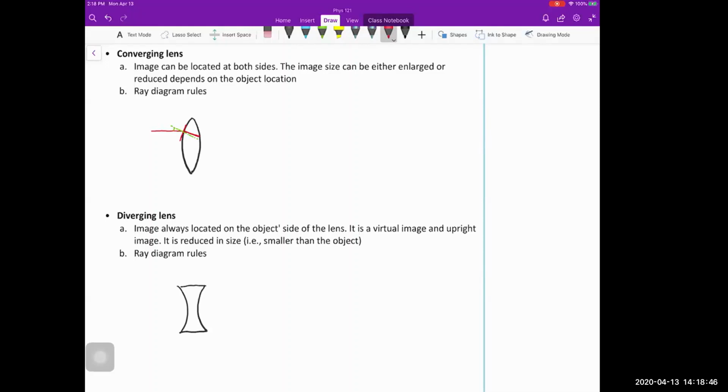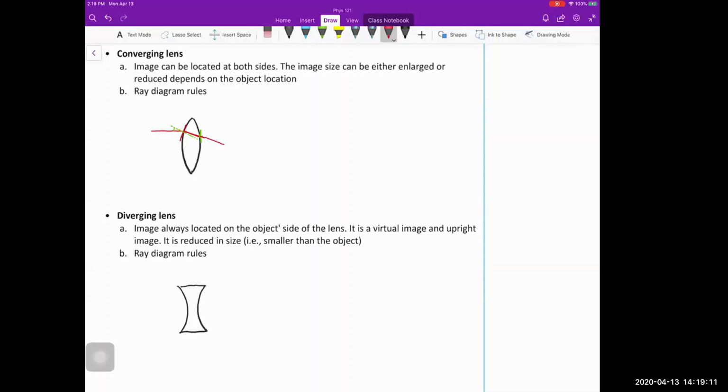When it goes to the air, you look at the other surface of this lens, which is somewhere around here. This is going to be another line, and you do the similar thing. Without going into the detail, you're going to see the line actually going to be like this.